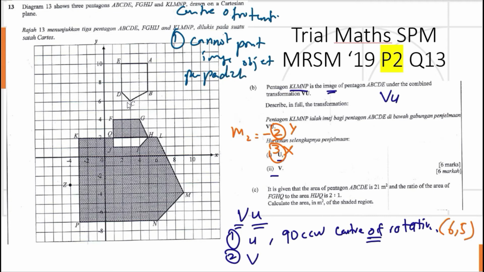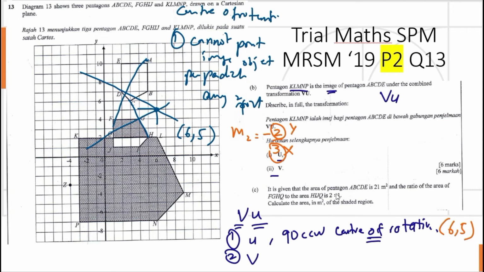So you see here, before this, I connect C and H, and then I find the midpoint, and then I find A, the object and the image of A under rotation. So this is the long one, F. And then I take the midpoint and I get the point of intersection. This is 6 and 5. Or you can take any 2 points.